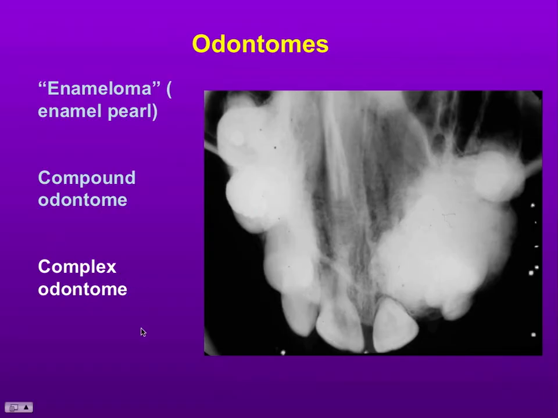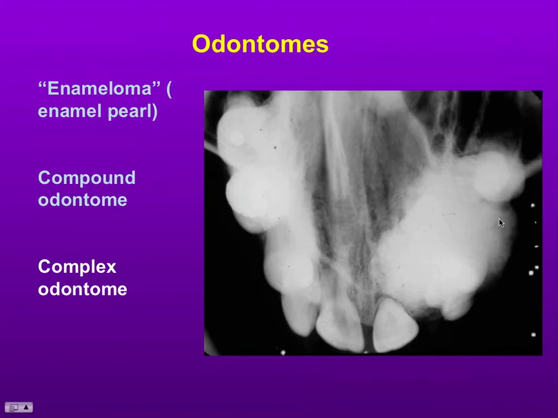The third type of odontome is a complex odontome. This is far less common than a compound odontome, but it's notorious that dental students get these mixed up in examination situations and call them by the wrong names. Here's a little hint: a complex odontome is complicated in terms of its structure.